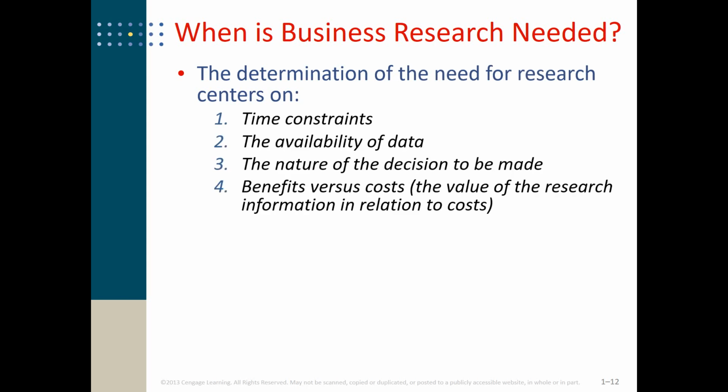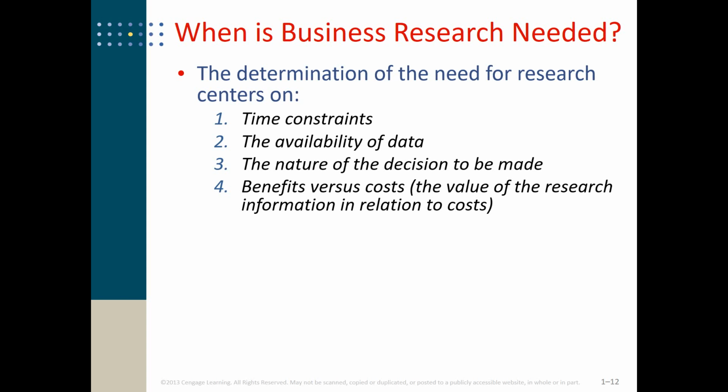Now we will discuss when we should do a research and when we should not, or whether we can do a business research anytime we want. Sometimes we may not be able to do research because of some constraints. For example, time constraints. We may not be able to do a research because of limited time.